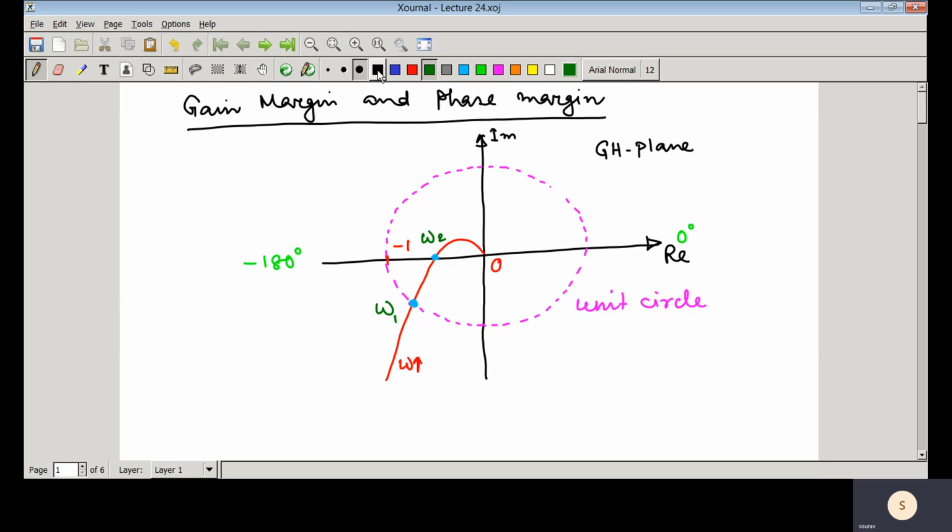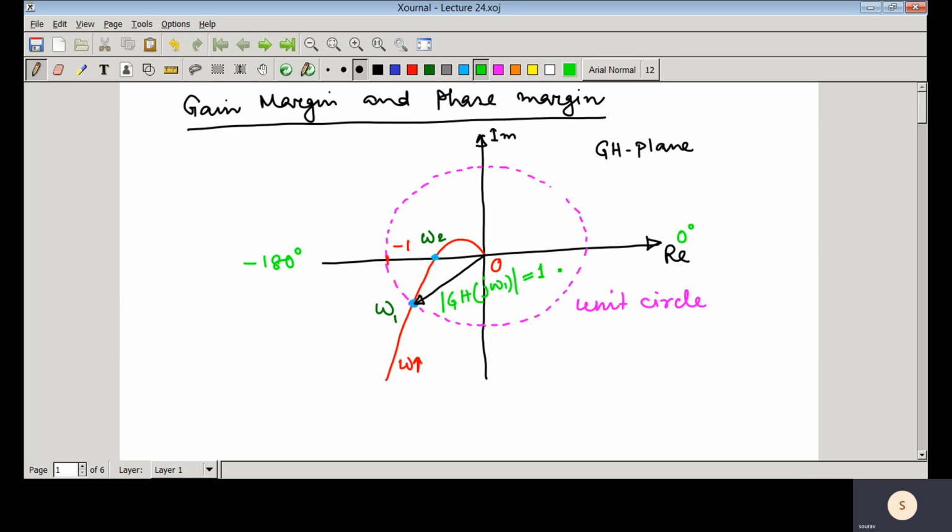If we just draw a vector like this, at this particular frequency, that is at omega equal to omega 1, the magnitude of GH of j omega 1 would be equal to 1. So at omega equal to omega 1, if we find the magnitude of the loop transfer function, it would be equal to 1.